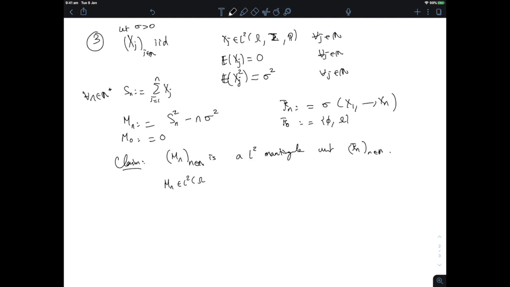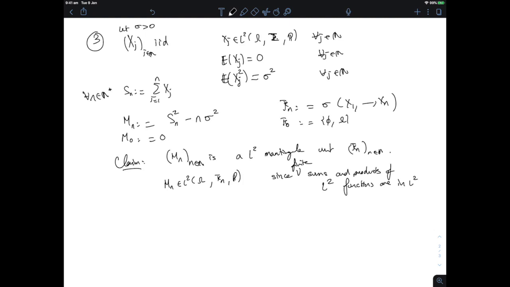Mn is in L2 of omega, Fn, P, since sums and products of L2 functions, let's say finite sums, are in L2.